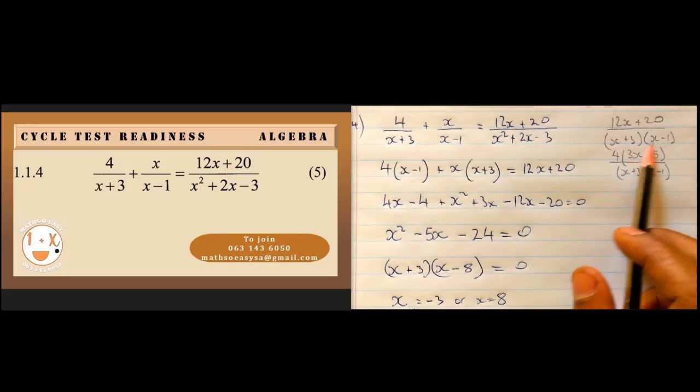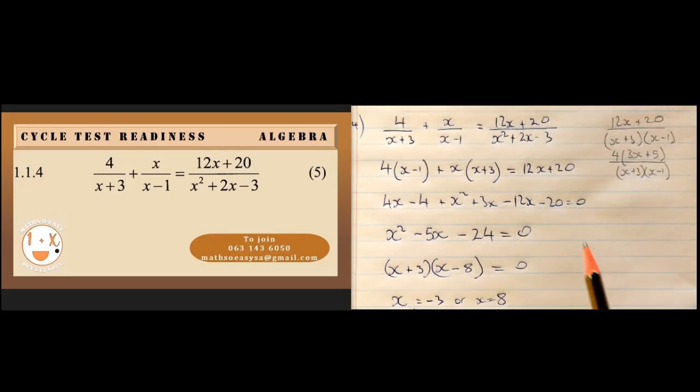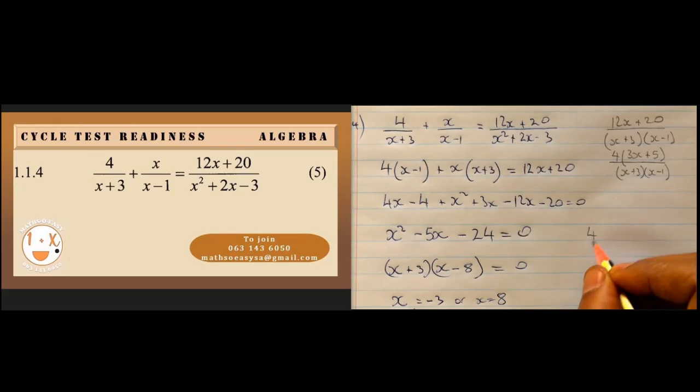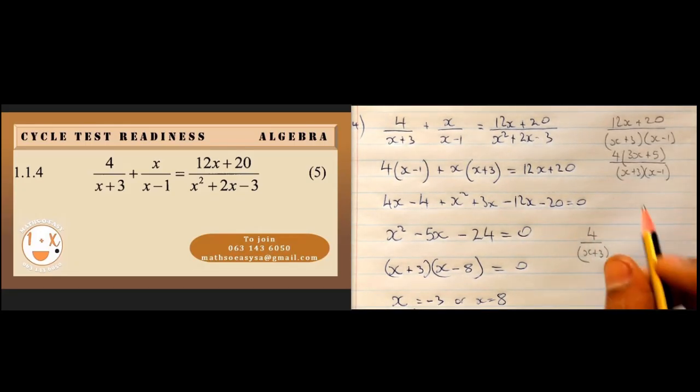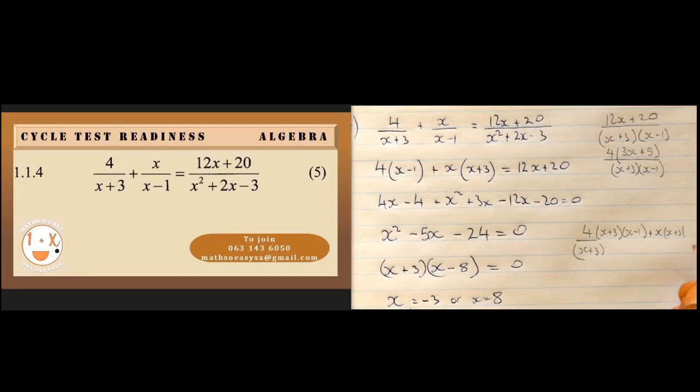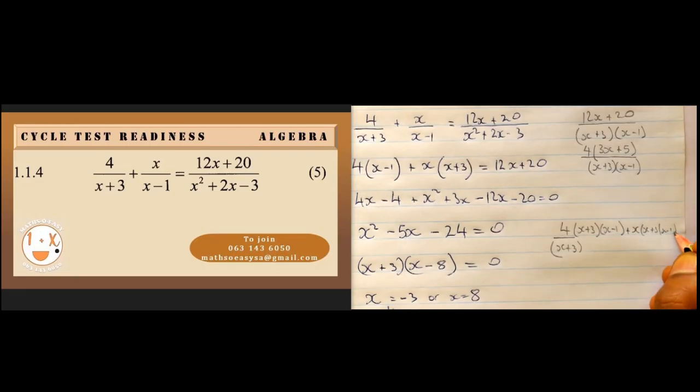Another person will do this and leave this and do what? Then they will come here and they will say my LCD 4, let me do it here. They will say 4 over x plus 3, and then they will put this x plus 3, x minus 1, then they do the plus x, then they have x plus 3, x minus 1 all over.